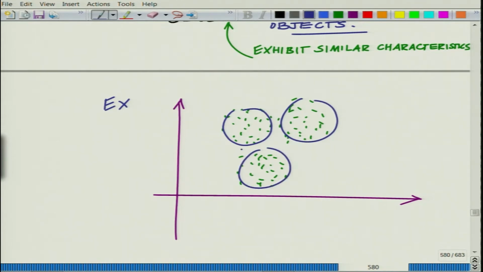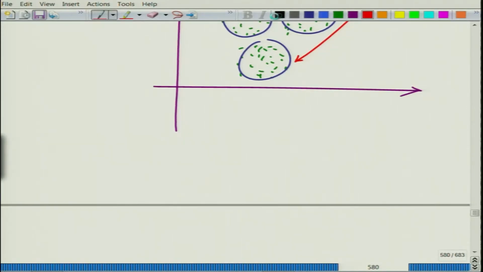You can form groups of closely related data points, and these are essentially your clusters, right. And clustering is nothing but organizing your data into such clusters, right, groups of objects or data that exhibit similar characteristics. So, the clustering algorithm, which is very important in machine learning, performs this task.